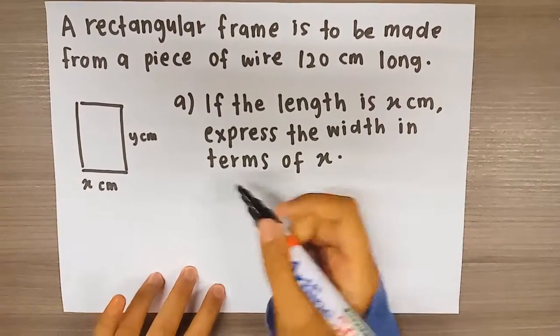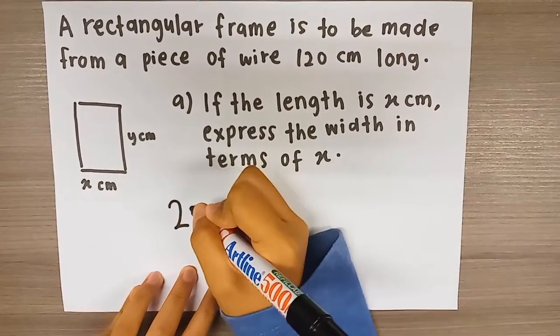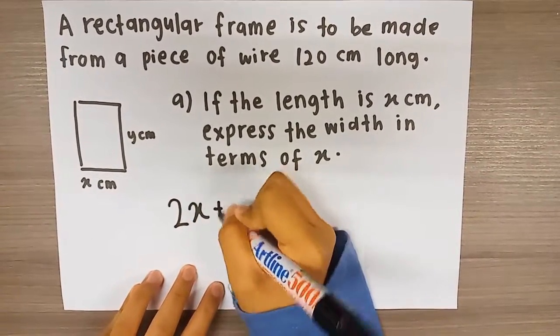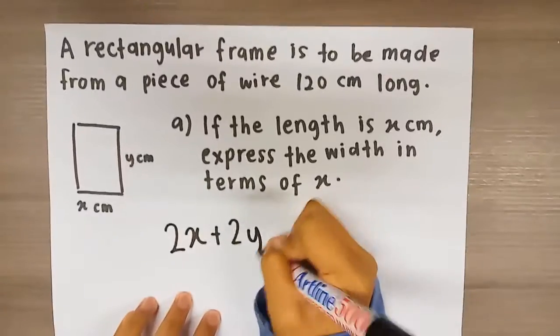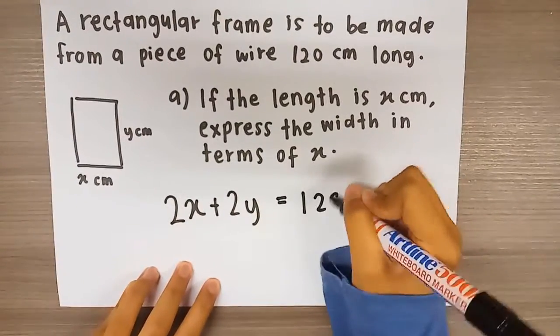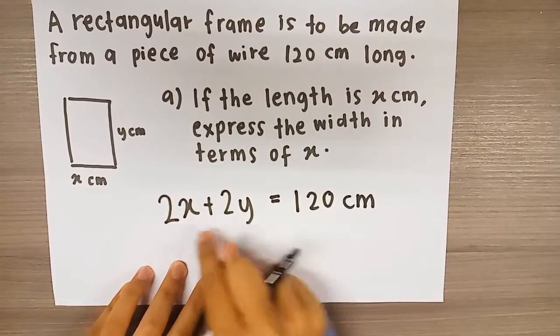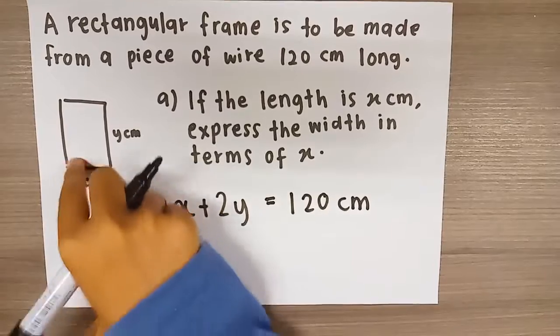So the formula is 2x plus 2y equal to 120 cm, because 2x plus 2y is the perimeter.